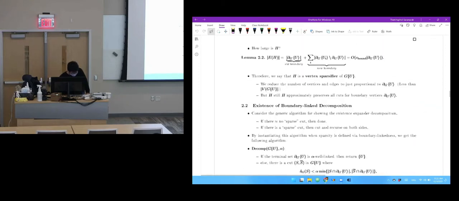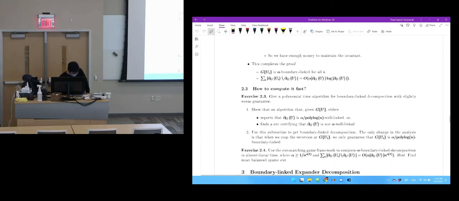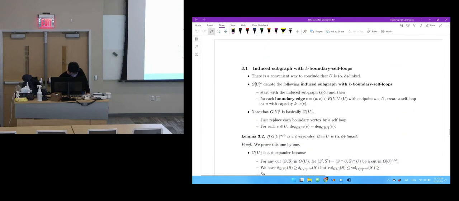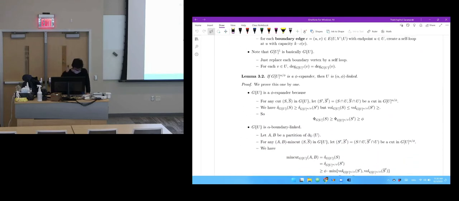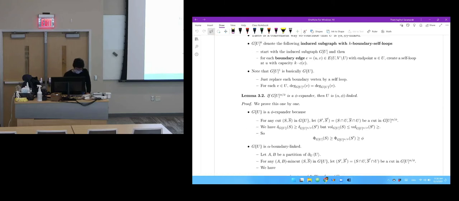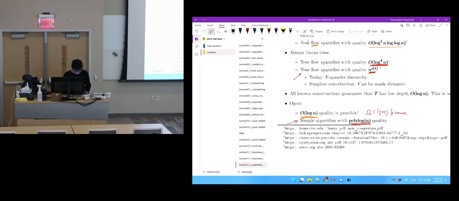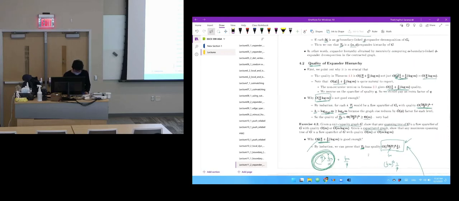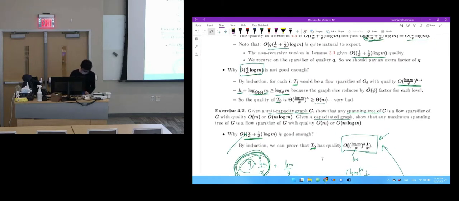Is there some maybe this one. Maybe this one is good. Why is it not?